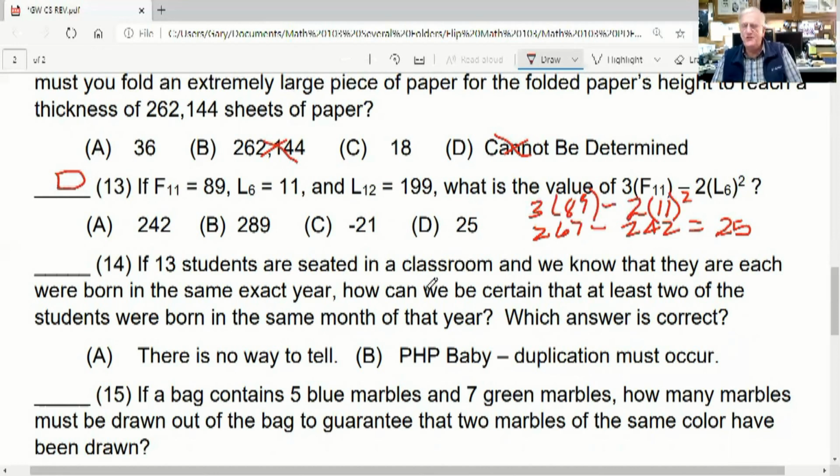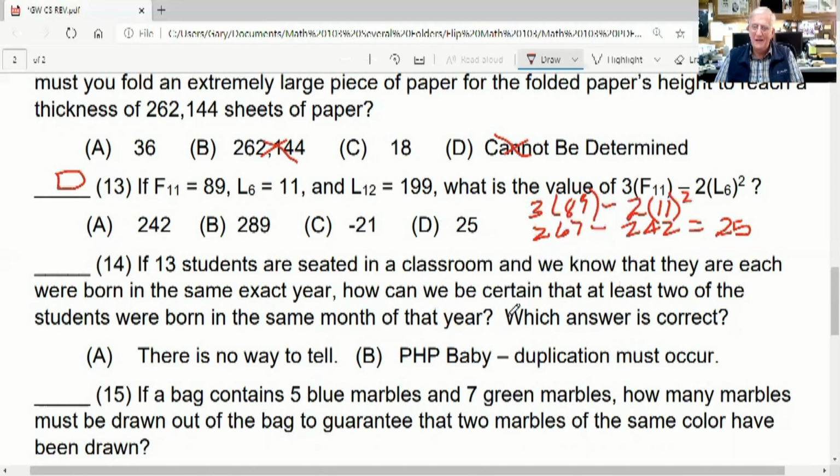Now, 13 students are seated in a classroom, and we know that each were born in the same exact year. How can we be certain that at least two of the students were born in the same month of that year? Which answer is correct? A, no way to tell?